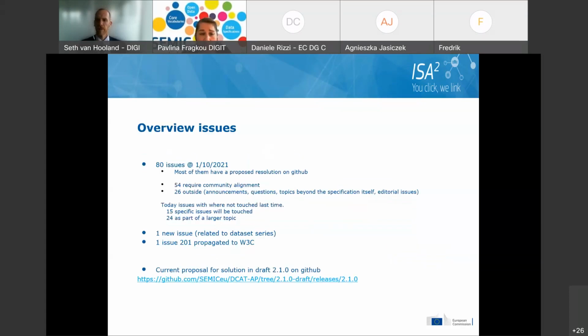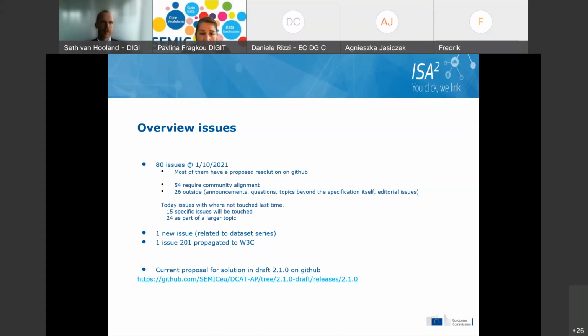Until the 1st of October, we had quite a number of issues, approximately 80. Most of them now have a proposed resolution on GitHub. Among those, 54 required alignment by the community, and 26 tackled issues such as editorial issues and topics that went beyond the specification.